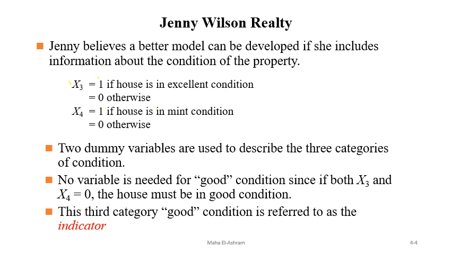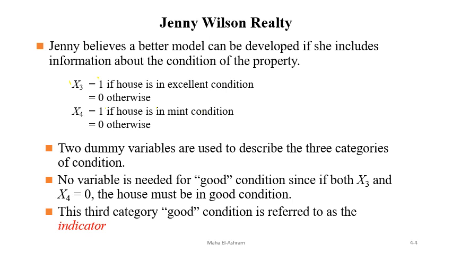If a house is not in an excellent condition, which means that x3 equals 0, and at the same time is not in a mint condition, which means that x4 equals 0, so if I have a case in which x3 and x4 both are equal to 0, this means automatically that it will be in a good condition. That's why we say that this category, for which we don't have any variable definition, is called an indicator.